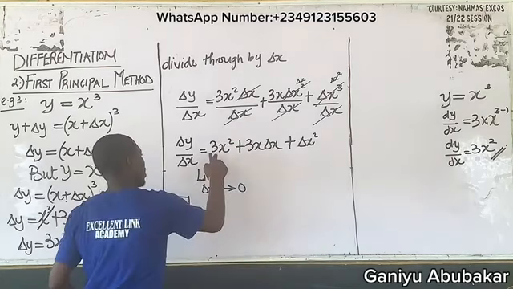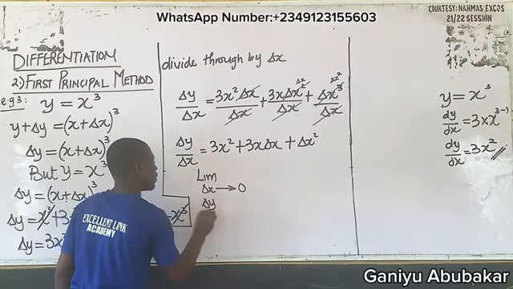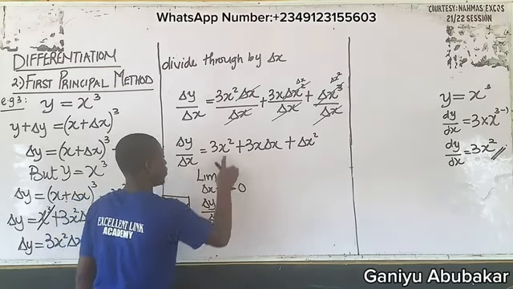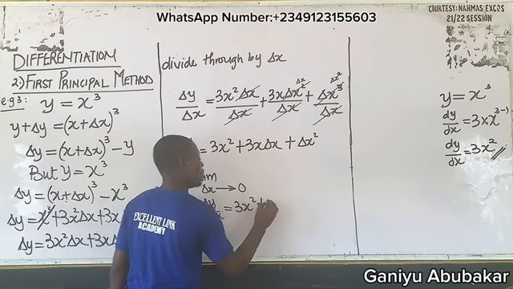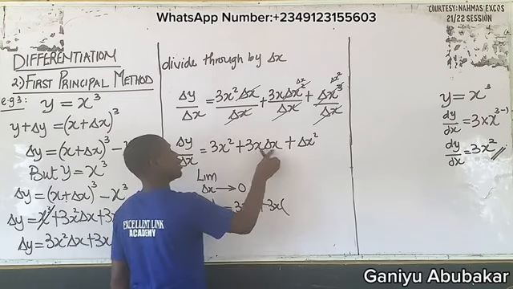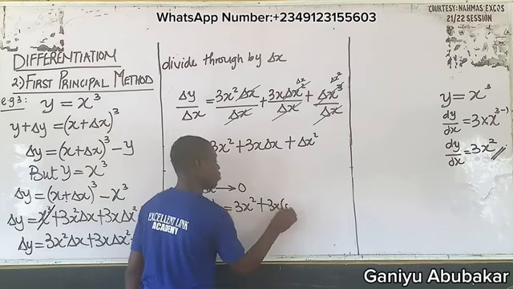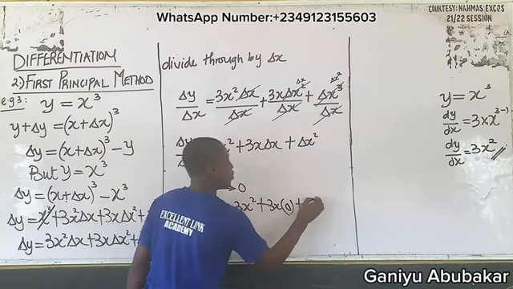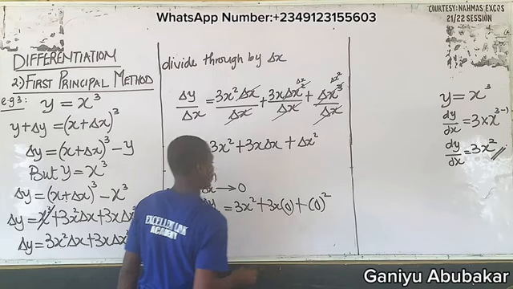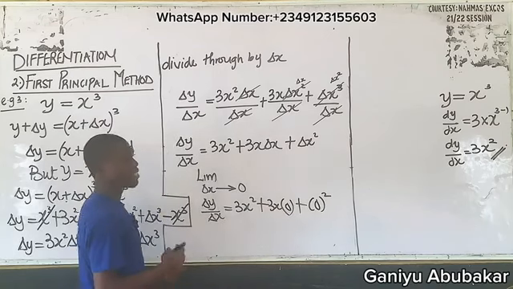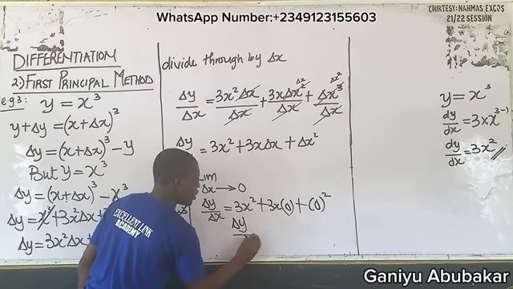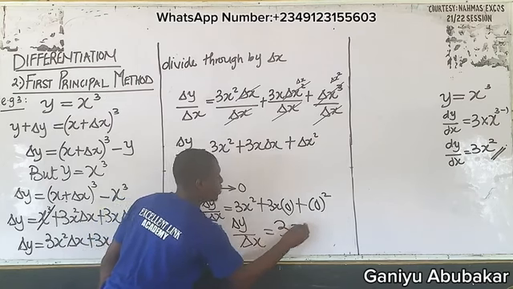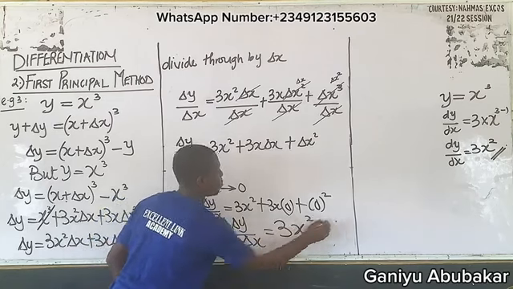From here, this becomes change in y over change in x is equal to 3x squared plus 3x into 0 plus 0 squared. If I do the mathematics here, I'm expecting that my answer becomes change in y over change in x is equal to 3x squared. This becomes my answer.